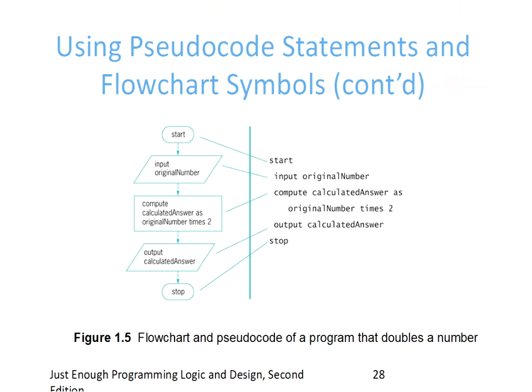Now, the flowchart doesn't have indentation. You don't need to worry about that. But in the flowchart, you need to make sure that you use the proper shapes for the proper processes. But that's a really good chart showing you how they relate to each other. They both say the same thing.